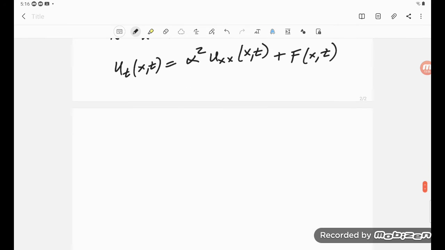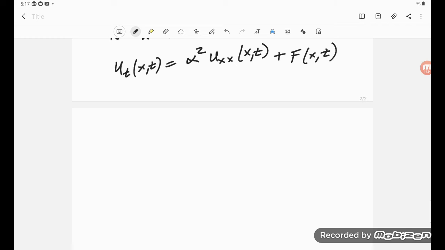They introduced this 4.4, and in their discussion they say, okay, this completes the derivation of the heat equation. But then they say, before we close, suppose the rod is not laterally insulated and that heat can flow across the boundary at a rate proportional to the difference between the temperature at any given x and the surrounding medium.